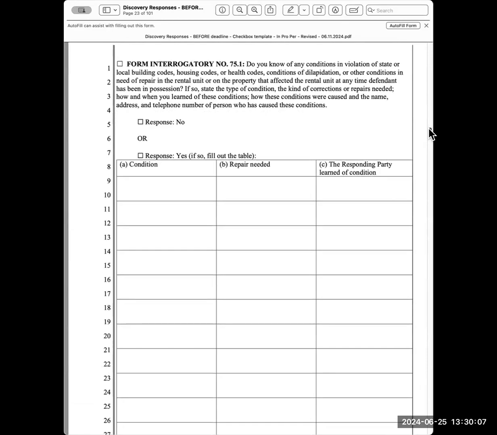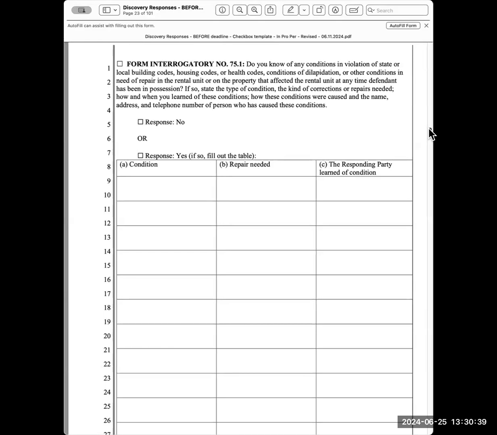Form Interrogatory 75.1 is a very time-consuming one for people who have repairs that either have needed to be made, or still need to be made, or if they were a problem but maybe they were fixed. Either way, this question is asking you to list all the conditions in need of repair in the rental unit since the beginning of your tenancy.